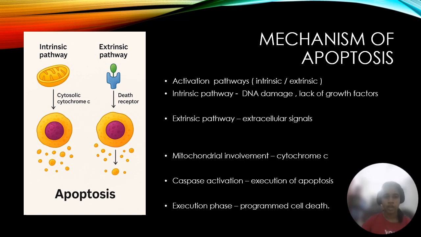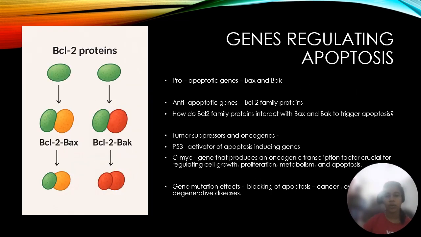Next we'll go on to the genes that regulate apoptosis. One is pro-apoptotic genes. You have anti-apoptotic genes, tumor suppressor genes and oncogenes, and then finally gene mutation effects. Pro-apoptotic genes are the genes that promote apoptosis.